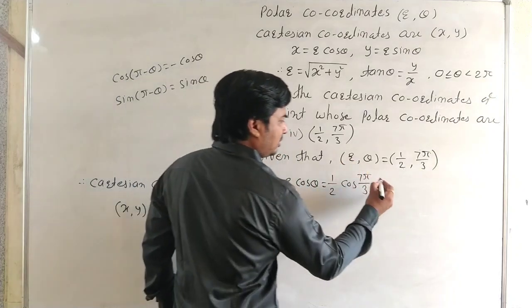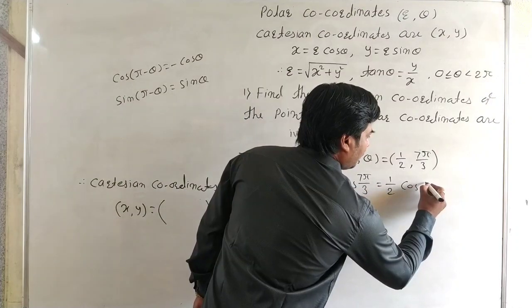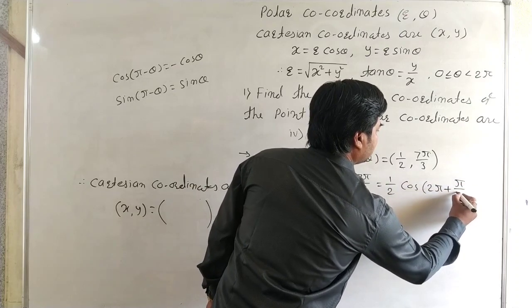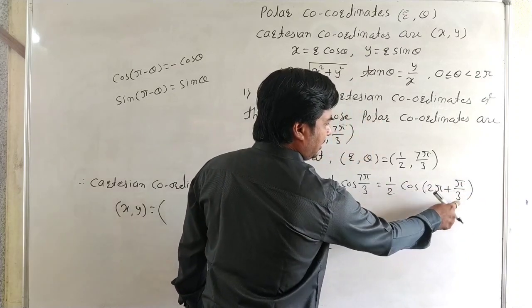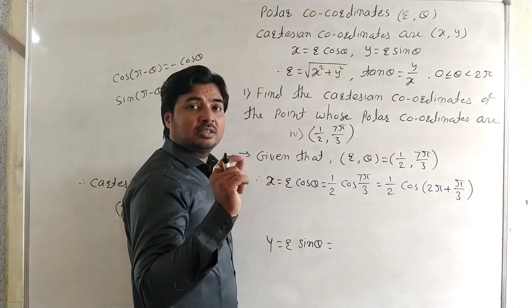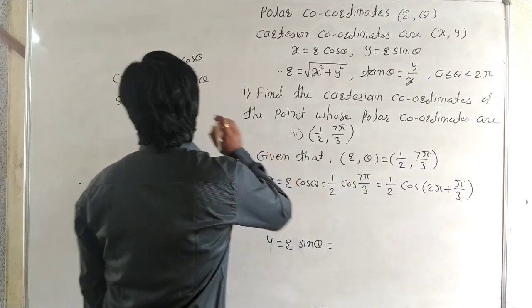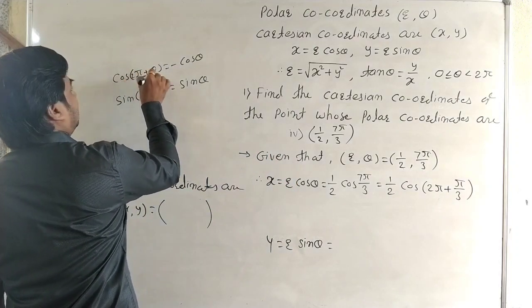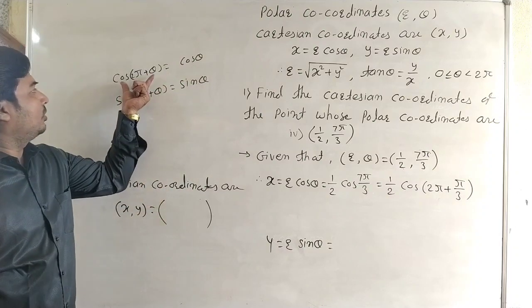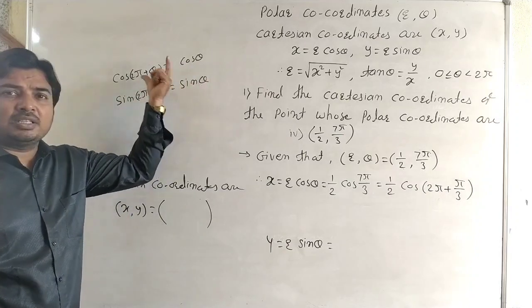Now again we convert this angle into the allied angle form. It is cos 2 pi plus pi by 3. Here 2 pi plus pi by 3 is 7 pi by 3, and cos 2 pi plus theta is cos theta, allied angle, and sin 2 pi plus theta is also sin theta.